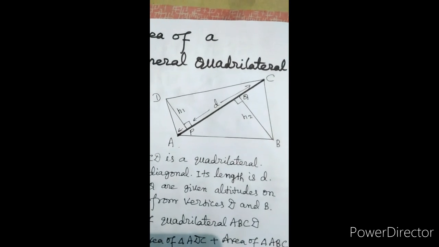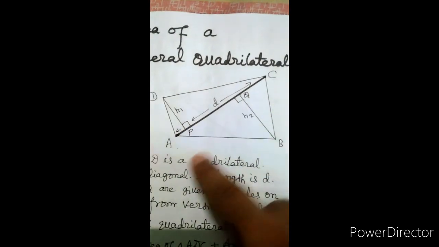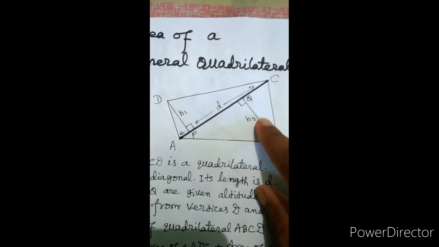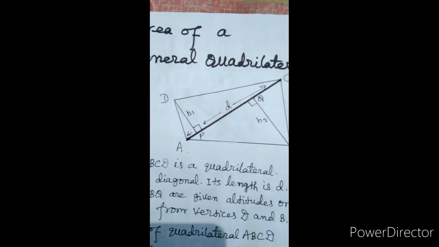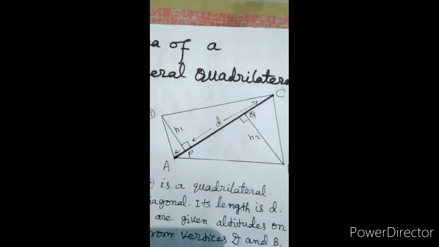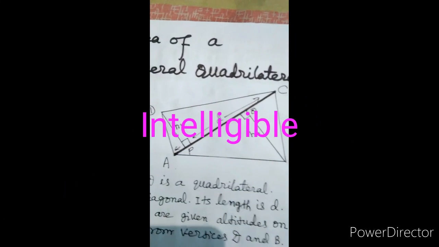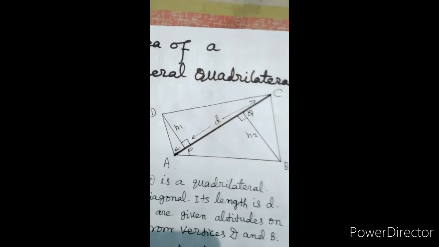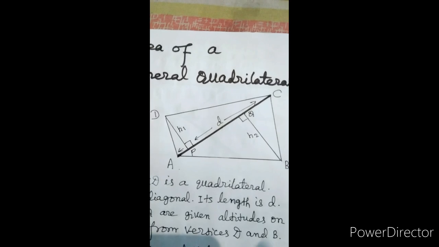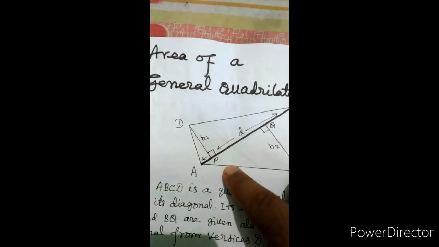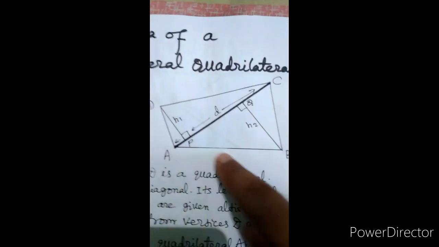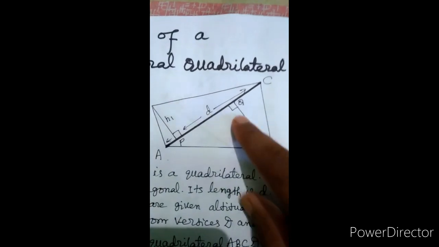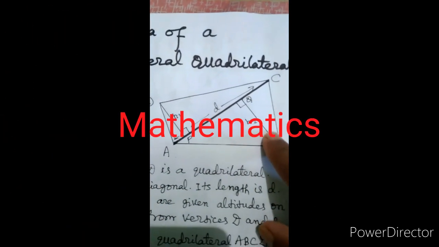Here we are given length of diagonal AC. AC is given, that is represented by D, and altitudes on it from the other two vertices are also given. Those altitudes are DP, that is H1, and BQ, that is H2.